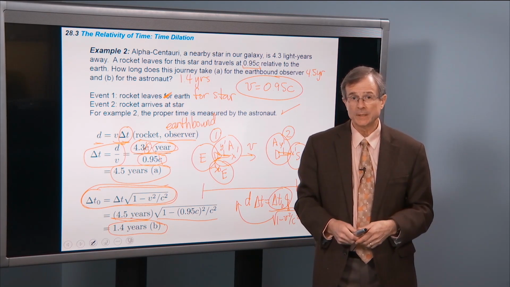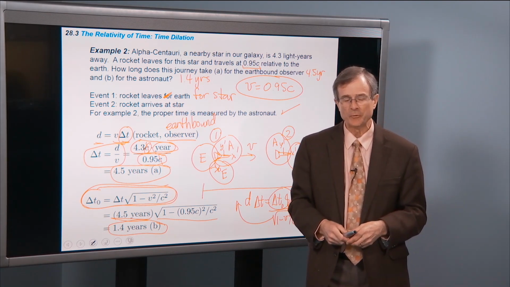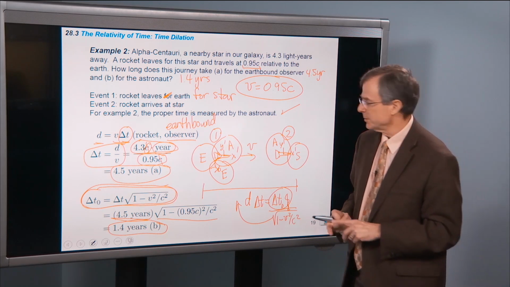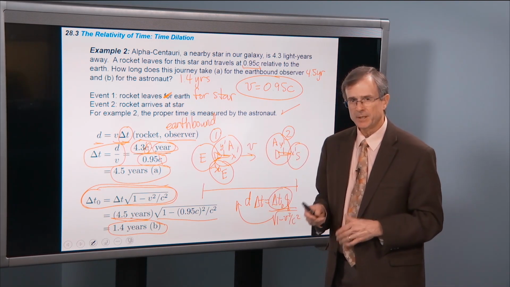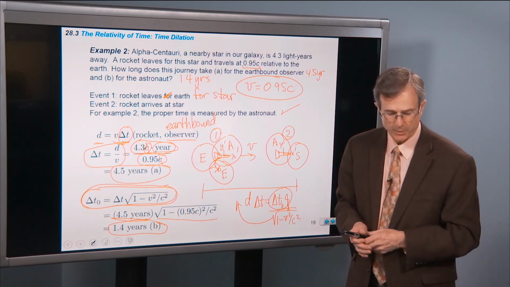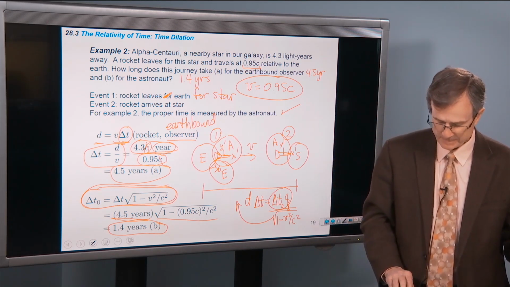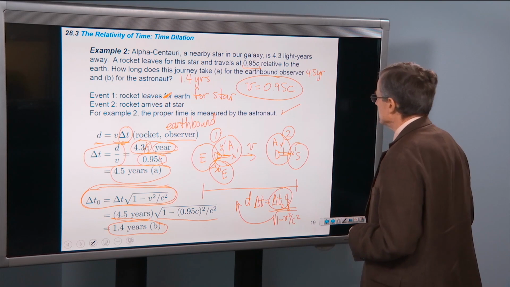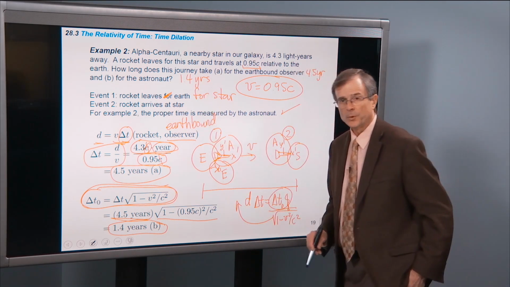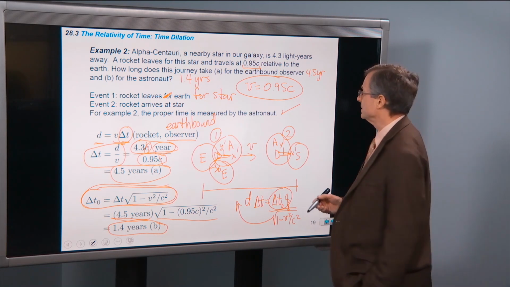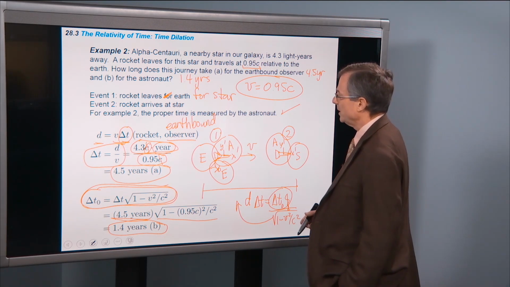You're going to be older than he is if you stayed here on the Earth. There's two effects that go on with that, both the effect of special relativity and also the effect of general relativity. We'll talk a little bit about that as well. But the bottom line is that the astronaut only takes 1.4 years to make it that distance to that nearby star.